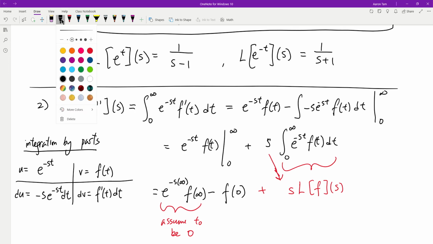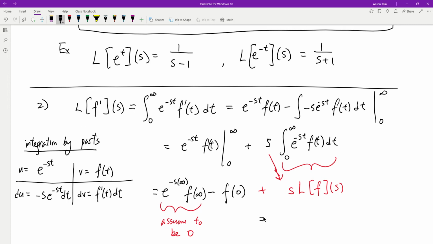So it's not unreasonable to assume that when I multiply that by some function, even though it might go to infinity, it's probably not going to be fast enough to compete with the exponential function. And if that's the case, now we have a formula. Our formula is this.